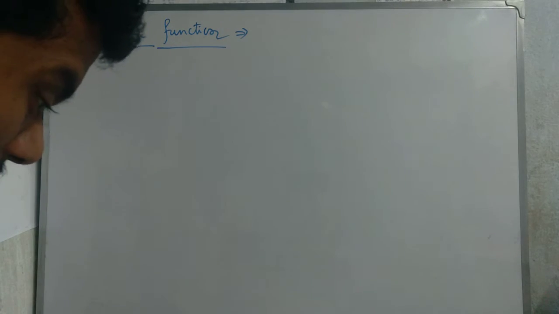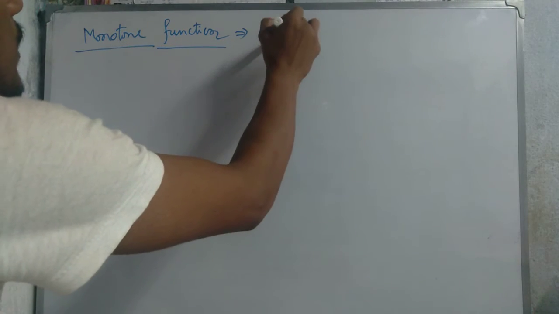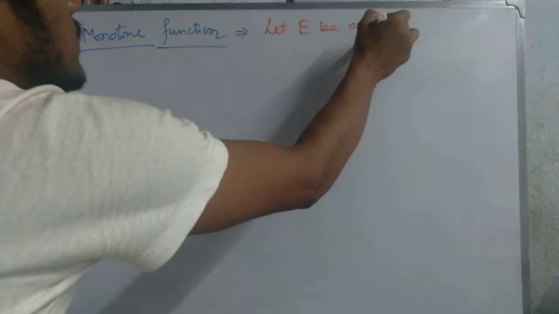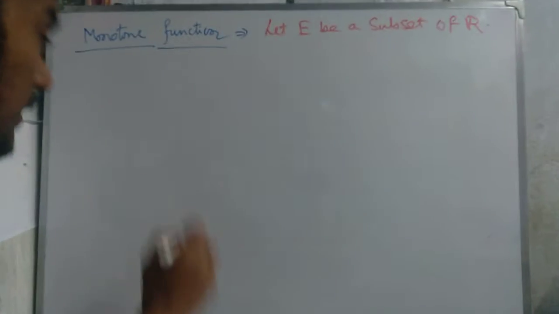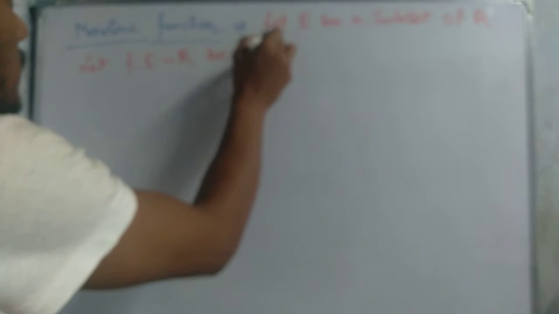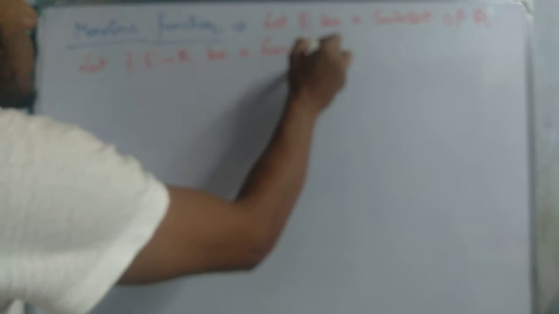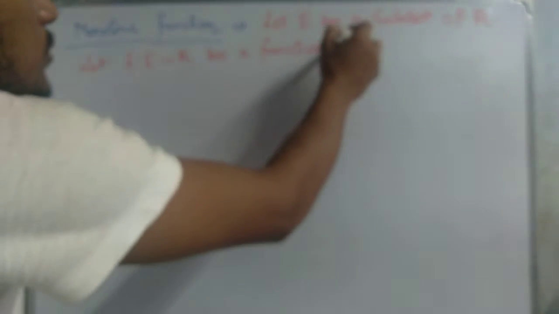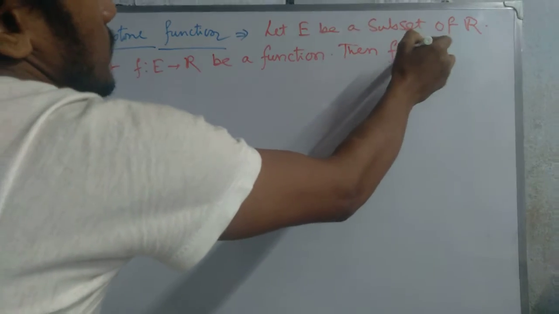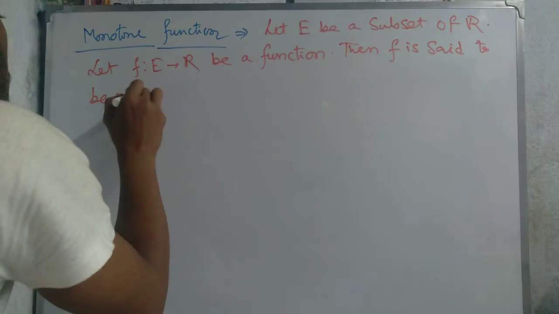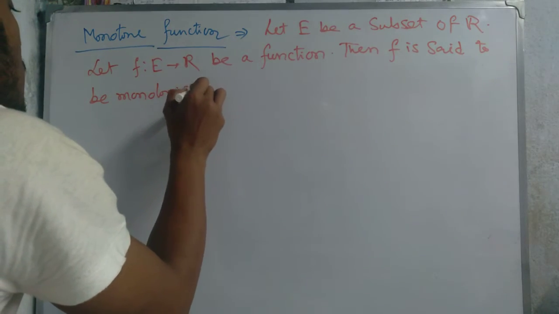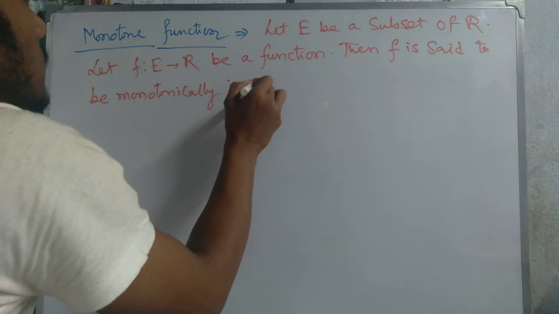Here let E be a subset of R, and let f from E to R be a function. Then f is said to be monotonically increasing.